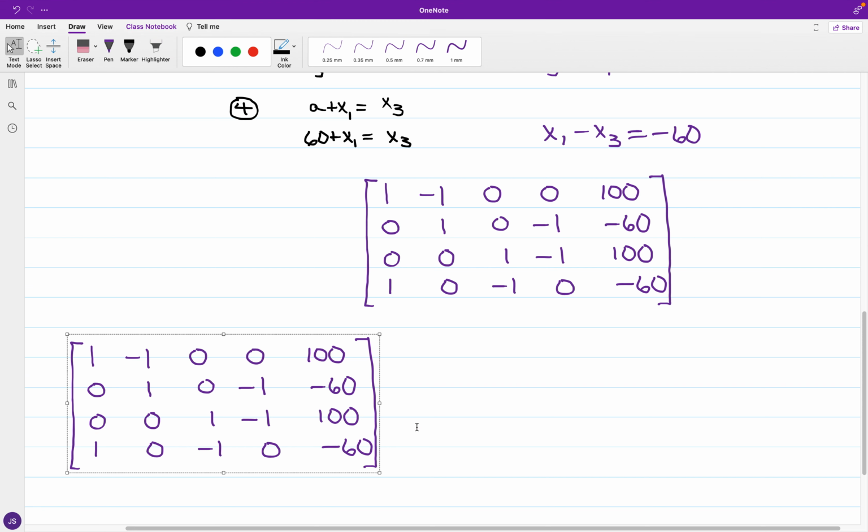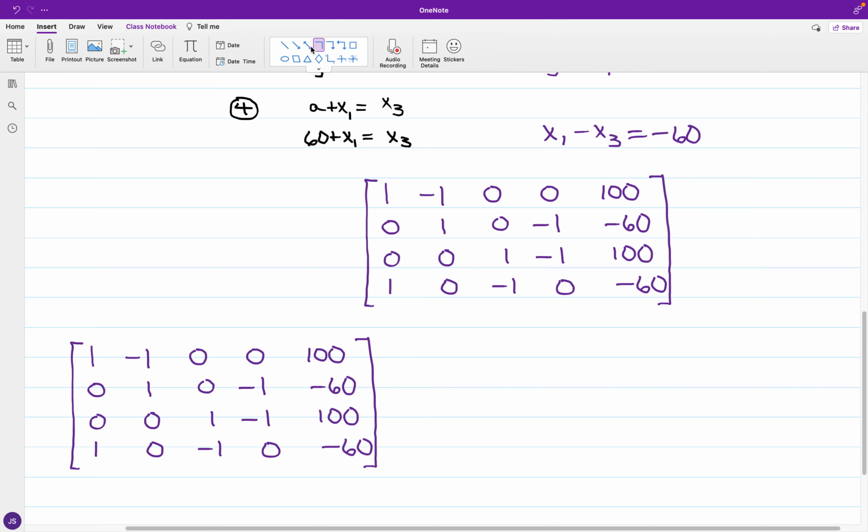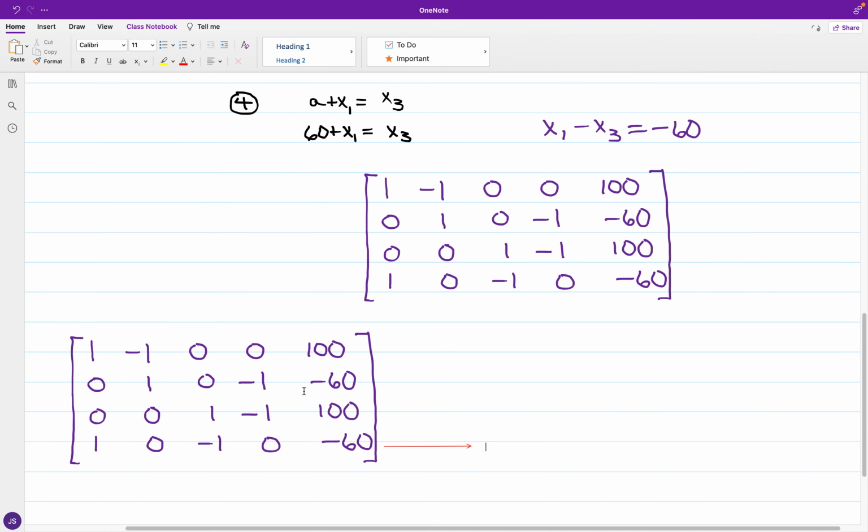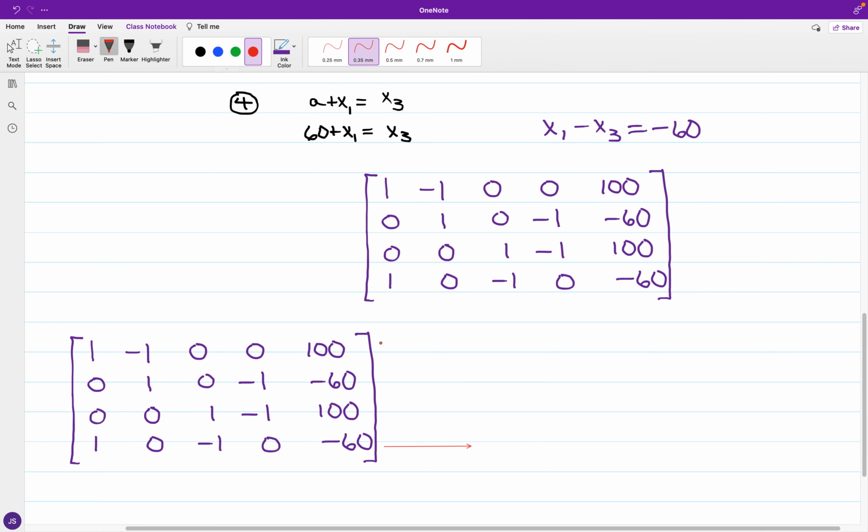In the first column I want 1, 0, 0, 0, so I can adjust the last row. I can just take the first row elements away from the last row elements, so I have R of 4 minus R of 1.